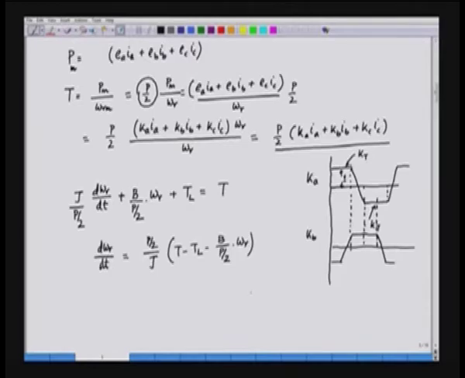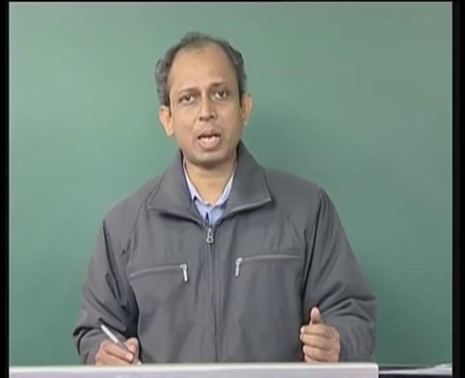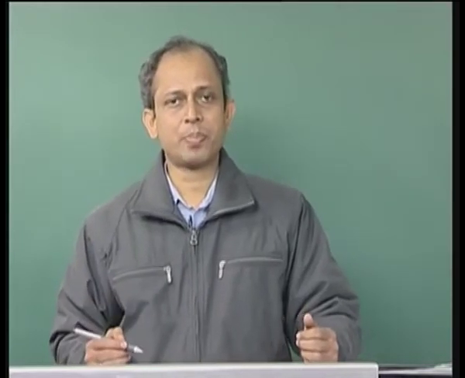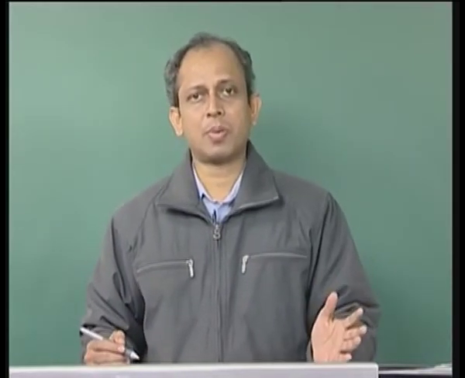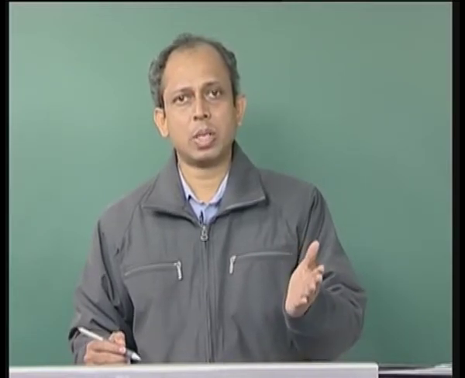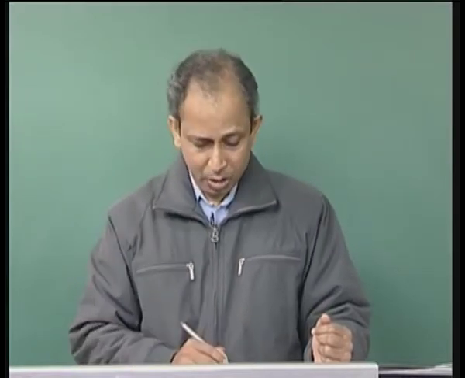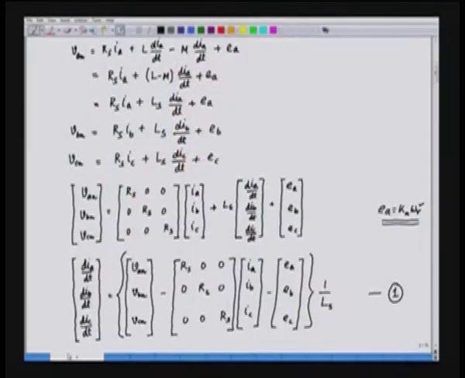So, once we know the speed, we can find out the back EMF, and the back EMFs are EA, EB and EC. The multiplication of corresponding constants Ka, Kb and Kc with the rotor electrical speed omega r, and then these back EMFs can be substituted in this equation to give us the derivative of the currents, and the derivative of the currents can be solved using any numerical integration technique.